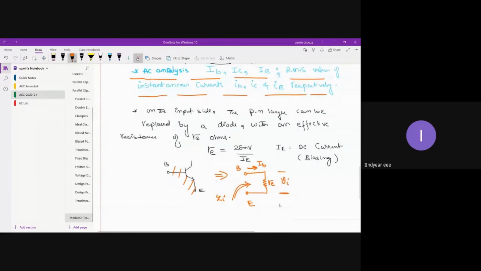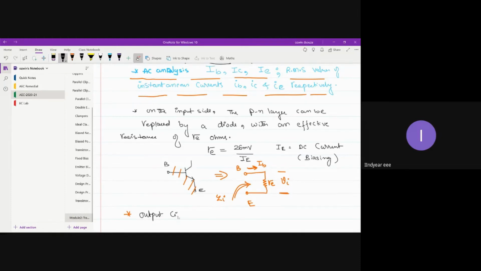And let us try to write down an equation for VI as well. Fine, so that's about your input circuit.